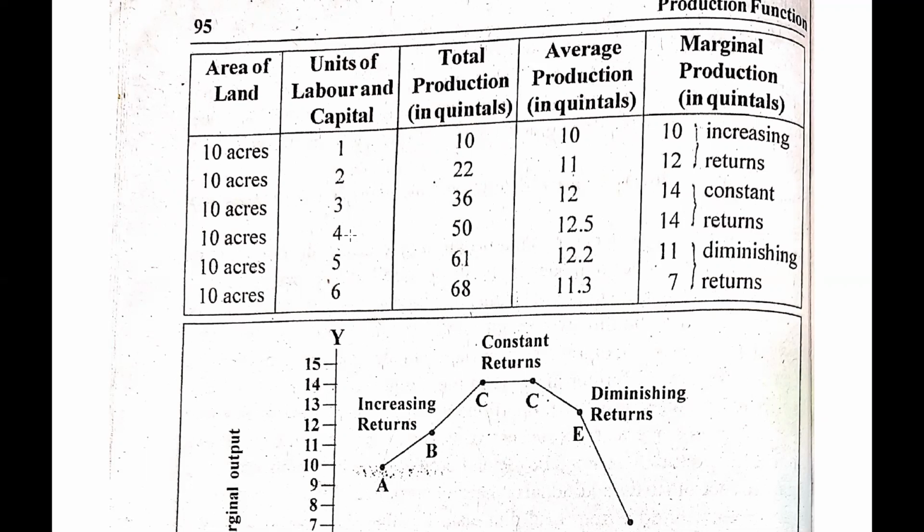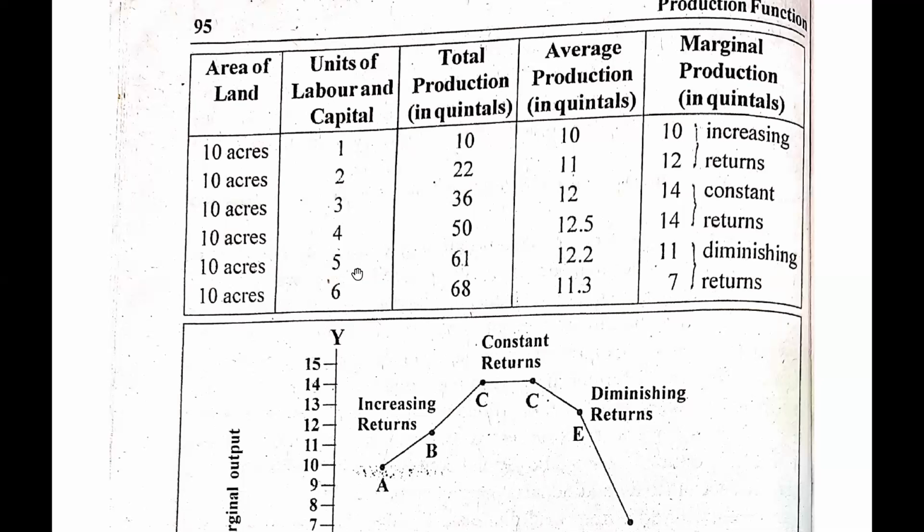So when again the farmer increases his units of labor and capital from 4 to 5, there will be an increment in the total production from 50 to 61. And again we can say it is diminishing, because we are getting a smaller increment in average production, and also in marginal production, or we can say diminishing.